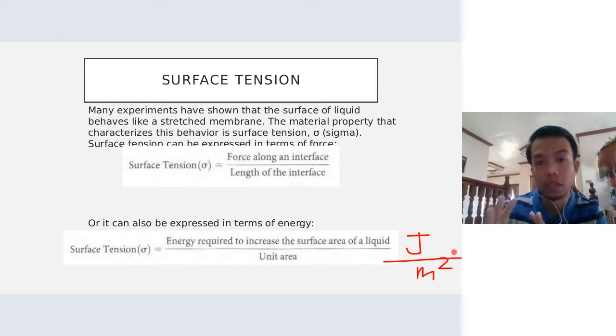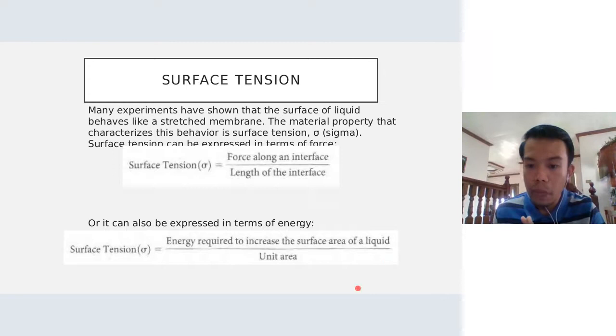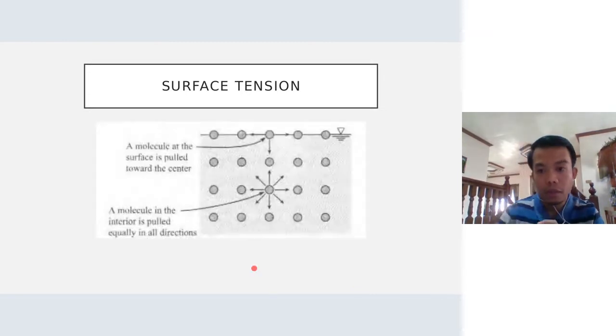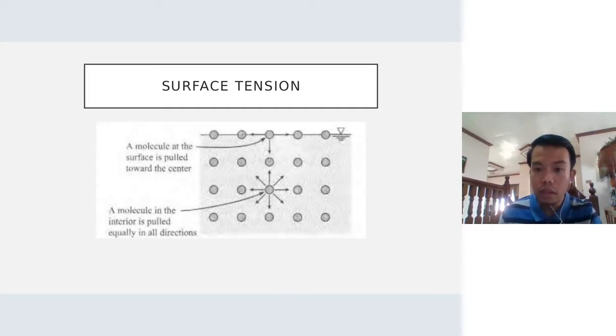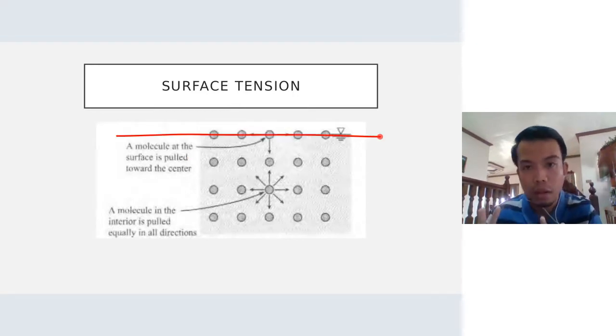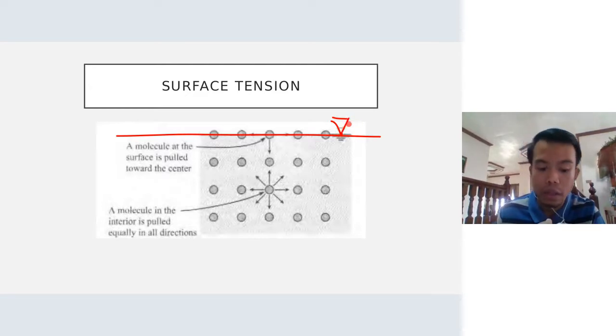That's surface tension in terms of energy. Now, for us to understand surface tension better, let us look at this figure. This figure shows us water, okay, a fluid. This is water. This is the surface.